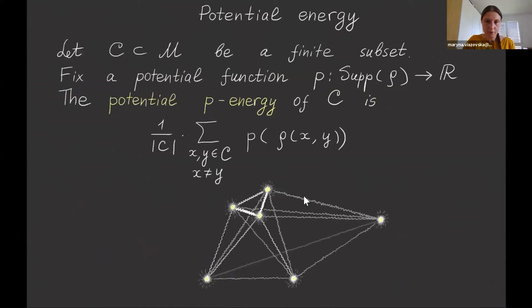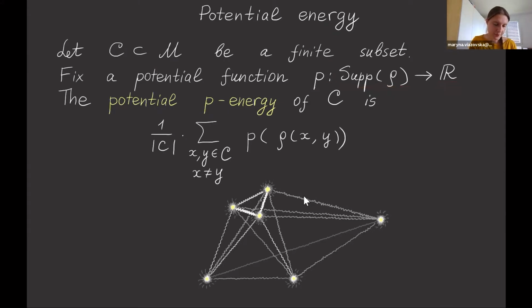The problem of finding good packings or good codes can be generalized, or smoothed, in the following way. There is a very close problem, and many similar methods apply for its analysis. It's the problem of minimizing potential energy. Here we fix again our metric space, and now we consider some finite subset in the metric space, and we define our energy profile. It will be any function from the support of our metric rho, for example, into real numbers.